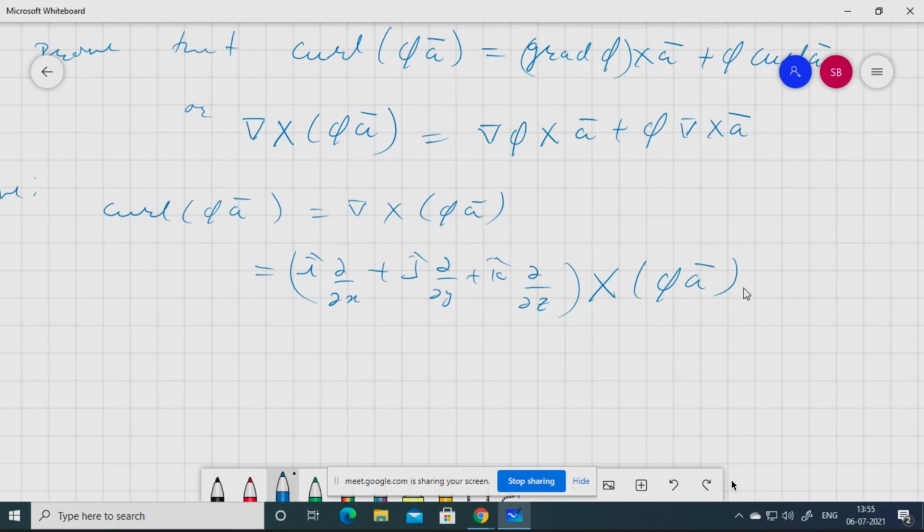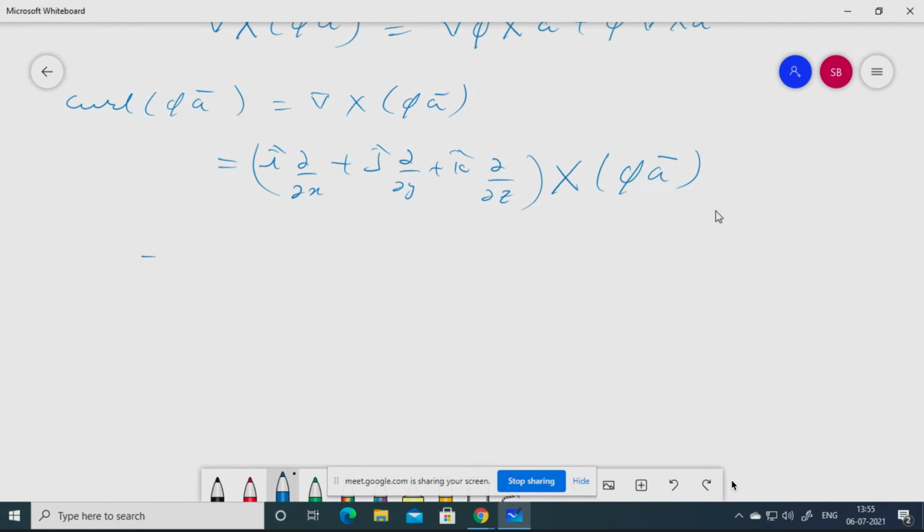Understood? So now instead of writing all terms, I'll just write one term here. I cross ∂/∂x of phi A bar, I will get, summation i cross. I'll simplify ∂/∂x of phi A bar.